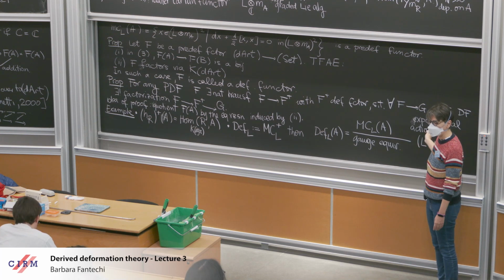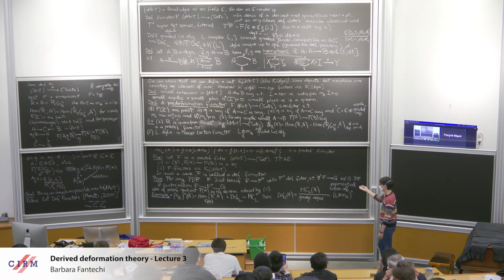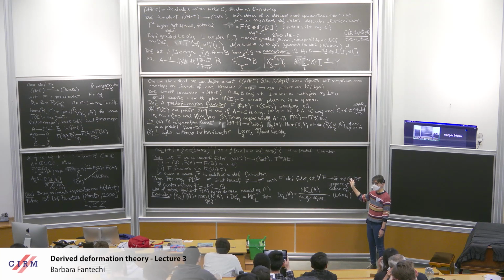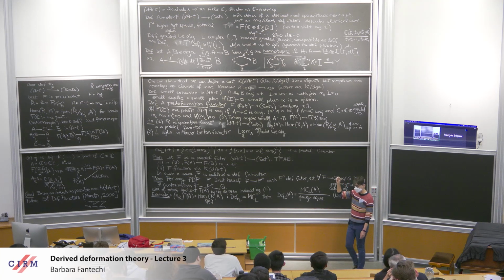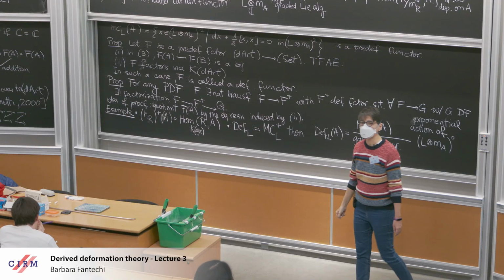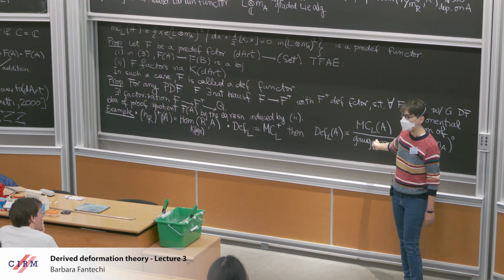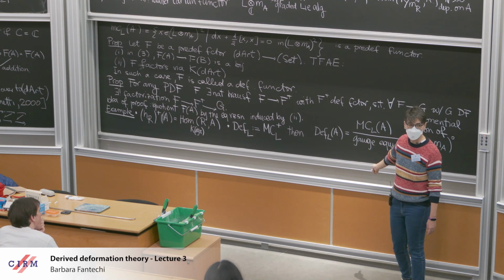I could write a formula, but I haven't prepared it, and so I'm not going to, but it is again a standard thing that for any Lie algebra, if you take the elements in degree 1 that satisfy Maurer-Cartan, you can act on them with elements of degree 0 in a suitable way.